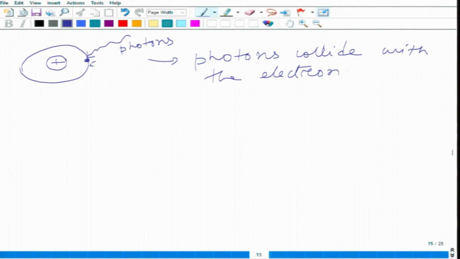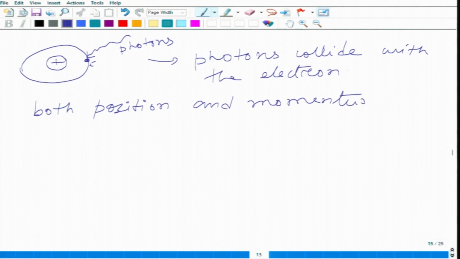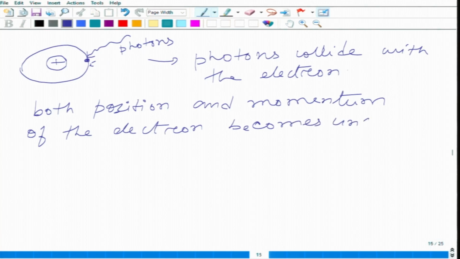Now when photons collide with the electron, then both position and momentum of the electron becomes uncertain, right? So Heisenberg gave this statement.